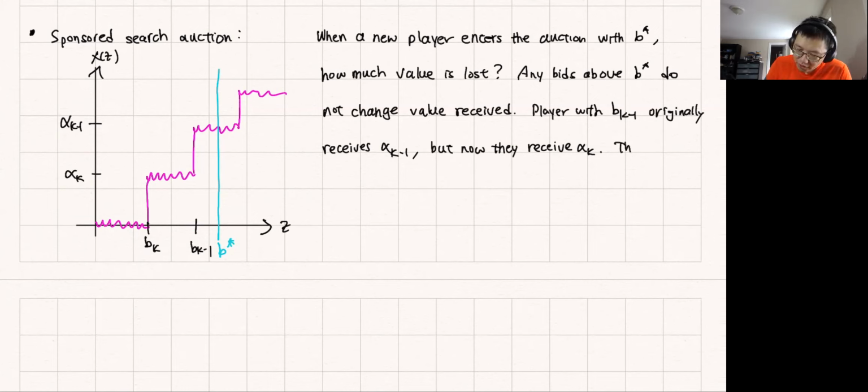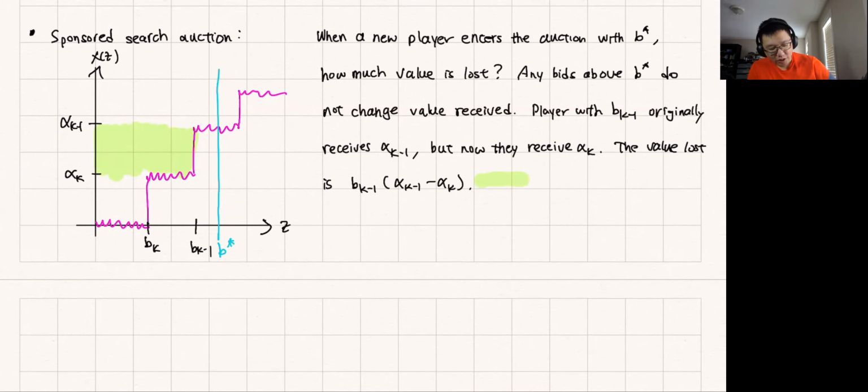So the value lost for B k minus 1 is going to be b k minus 1 times alpha k minus 1 minus alpha k. That is b k minus 1 times the difference between the two, so it is actually this area here. For the player who bid b k minus 1, the value lost is that area.